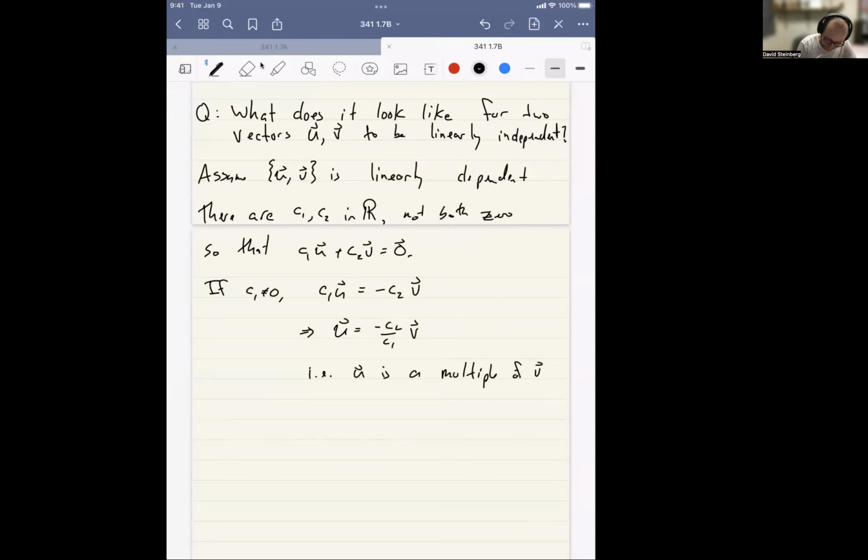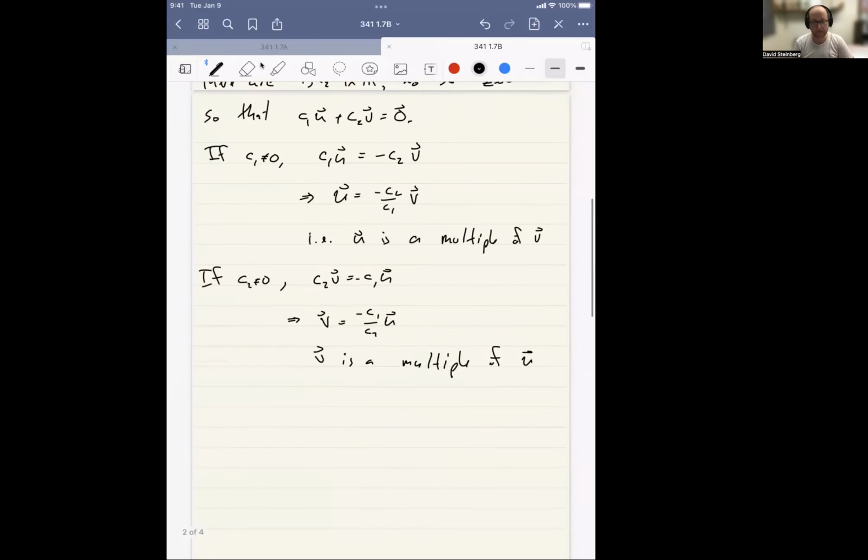And similarly, if c2 is non-zero, we can play the exact same game. We'll have that c2v is equal to negative c1u, and then dividing by c2, we can get v is just minus c1 over c2 u. And again, v is a multiple of u.